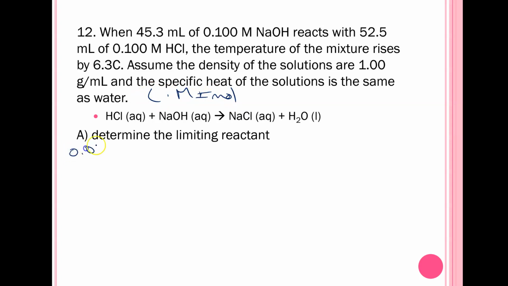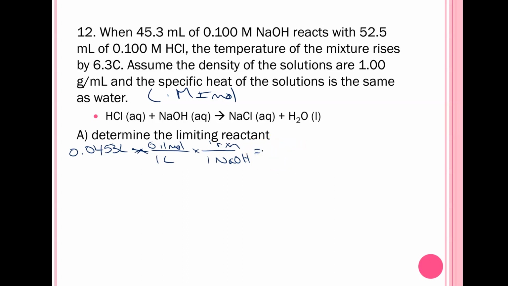So you're going to take the liters and you're going to multiply by 1 liter, 0.1 moles, 1 NaOH to 1 reaction. Oh, we're just trying to find the limiting reactant. I'm just going to turn it into reaction and stop.